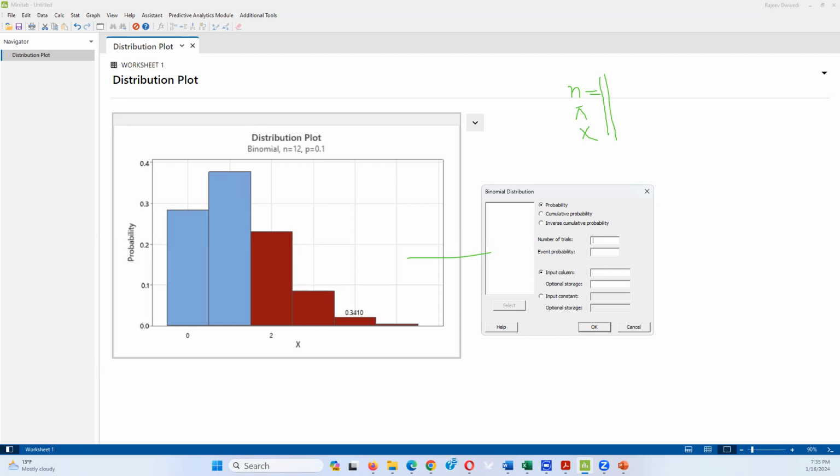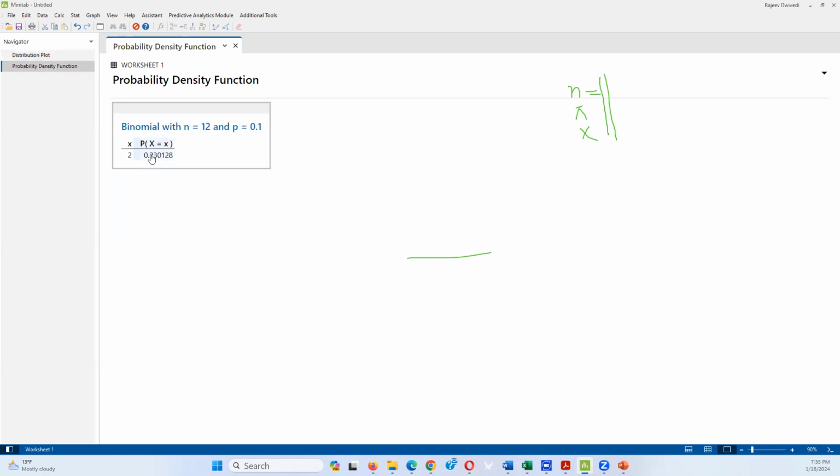Number of trials is 12. Event probability is 0.10. Input constant is 2. And now we get the answer. If you can see my Minitab screen, 23%. Can you see this? So this is the second way of doing it.